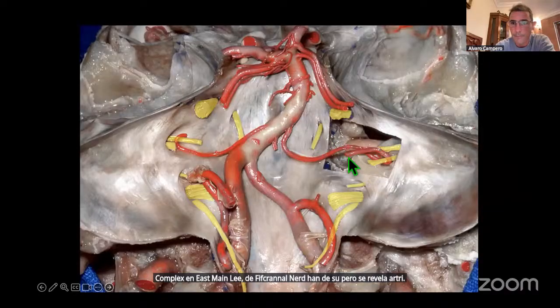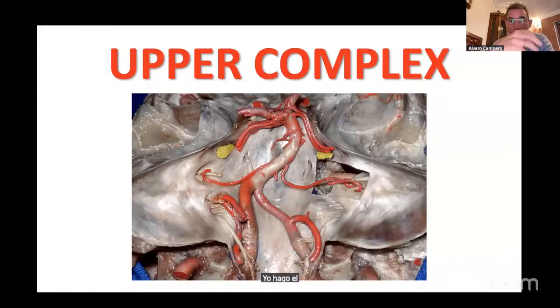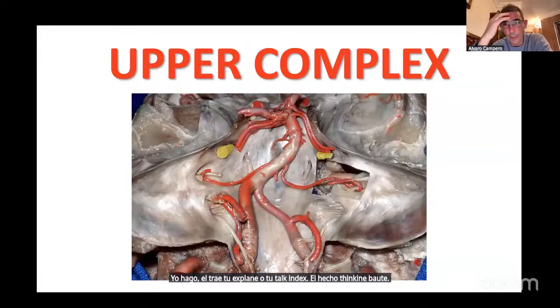The middle complex is the AICA and also the 7th and 8th cranial nerves, and the lower complex is the PICA and also the lower cranial nerves 9, 10, and 11. So I will try to talk in this lecture thinking about these complexes.